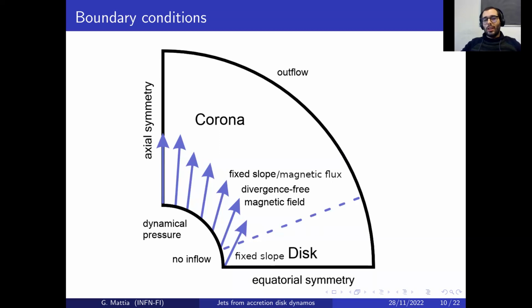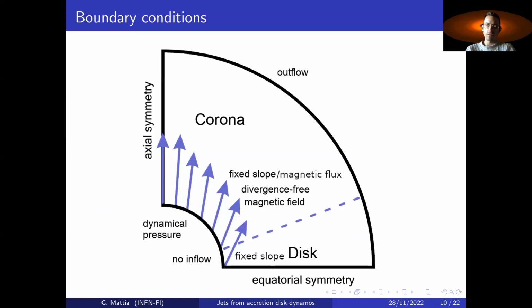And second of all, it's really a tricky game of having stable simulations where the boundary doesn't really play a role, and the most consistent simulations. Because if we start, for example, putting magnetic flux from the disk into the coronal region, just because we let the magnetic flux flow, then the code can crash at any time. Although we expect the magnetic flux to be active in the inner regions, that can lead to numerical issues that the code can struggle to handle. So we also have to compromise in this sense.